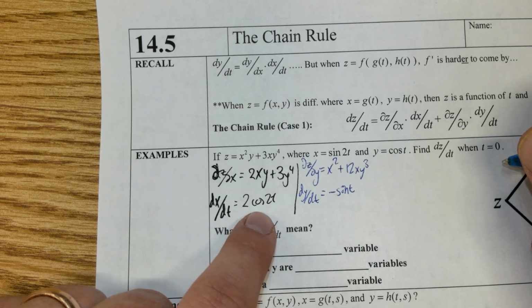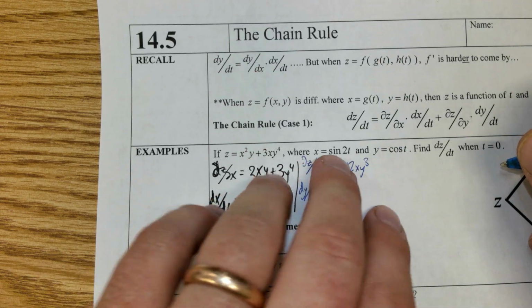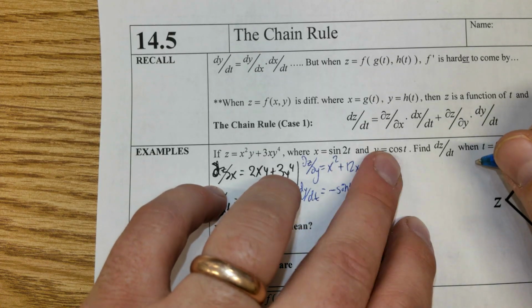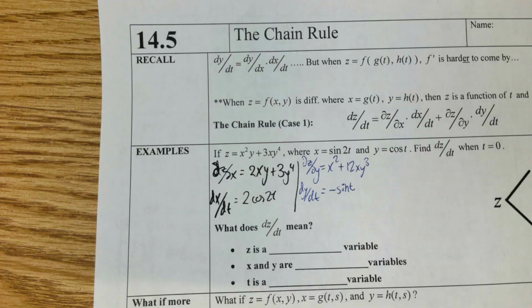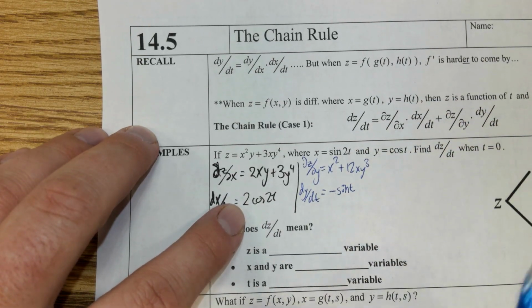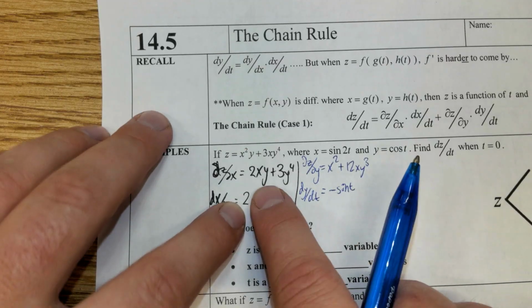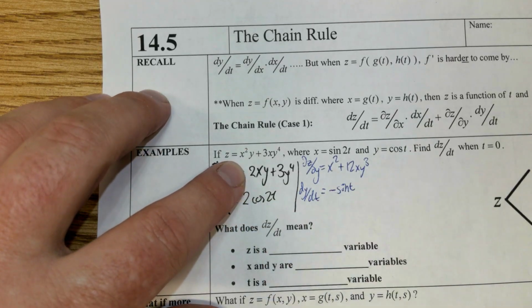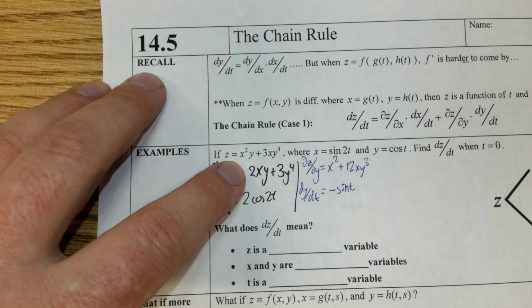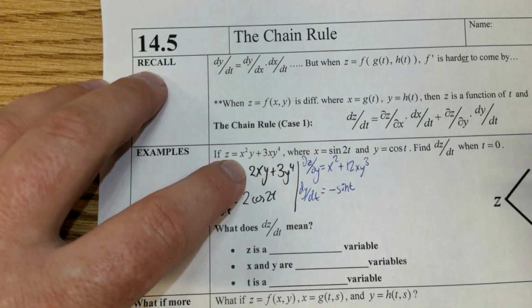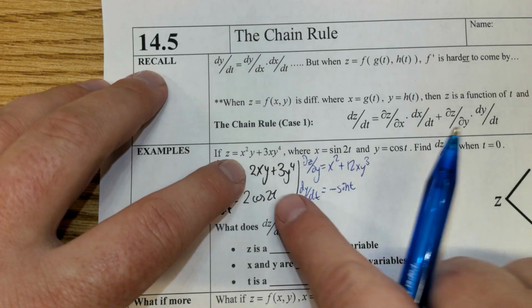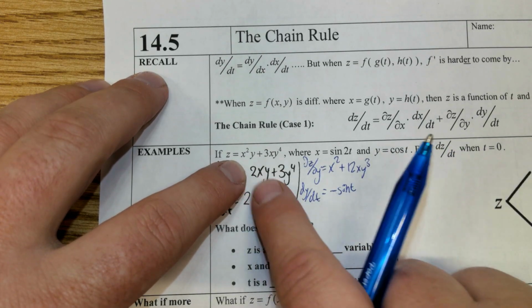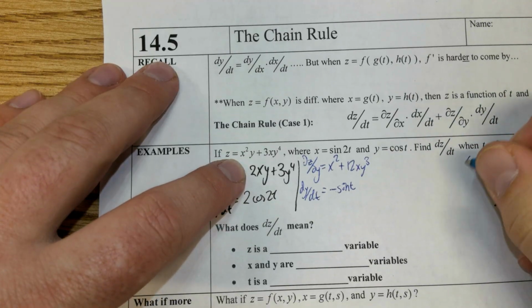my original functions are 0 and 1. Their derivatives also have those values at 2 and 0. That also means that these would then have values. So a lot of cascading here where I need to be mindful that I'm going to be plugging in t is 0 here, but I can't plug in t is 0 there.